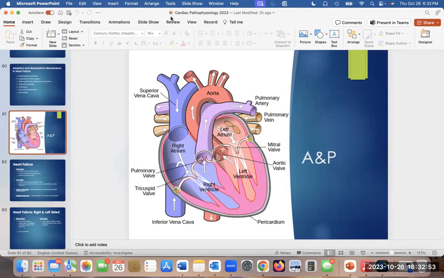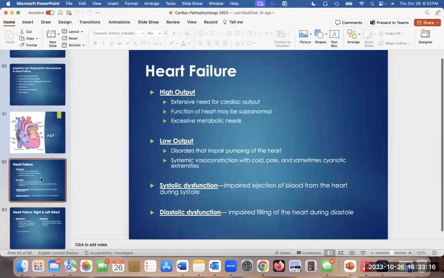I'm not sure about Kessler, but I would think both teachers would find anatomy or how blood runs through the heart really important, starting with the superior and inferior vena cava and then going through. I would know that because I can see that being a test question. It's fair game since we're talking about how all of these disorders affect the heart and circulation to the body. But how do you really know that if you don't know the anatomy?